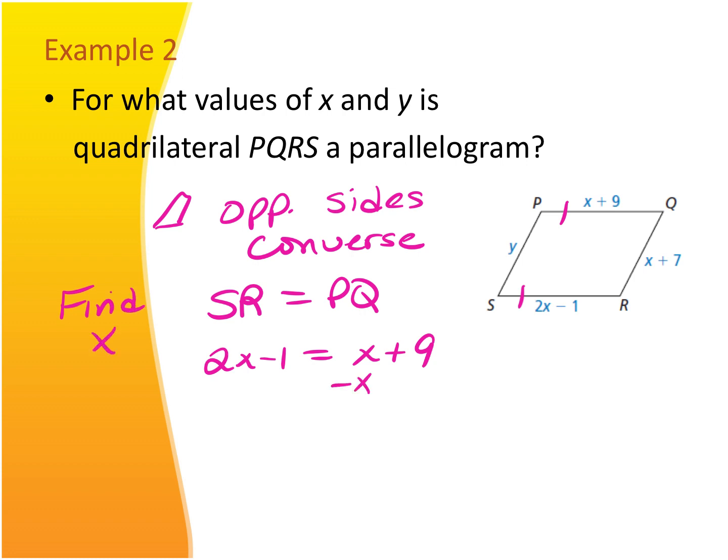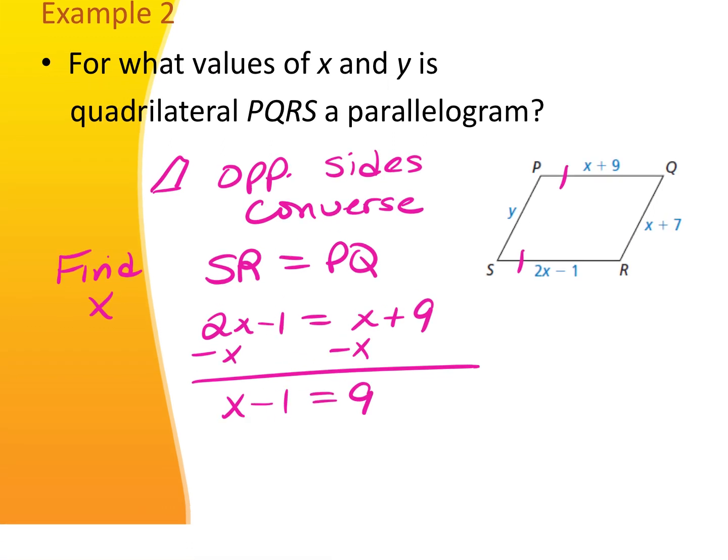I'm going to subtract x. x minus 1 equals 9. Going to add 1. And x equals 10. Now notice the question only asked me to find the value of x and y.